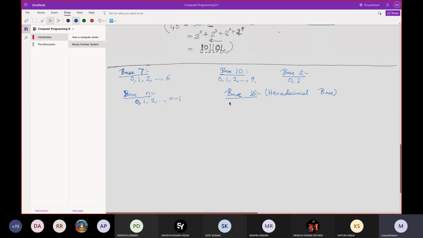So in base 16 we have digits 0, 1, 2, all the way up to 9, 10, and obviously 15. Now we do not have symbols for 10 to 15, right?